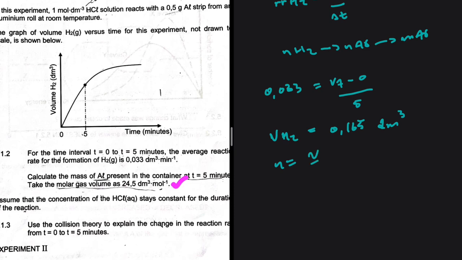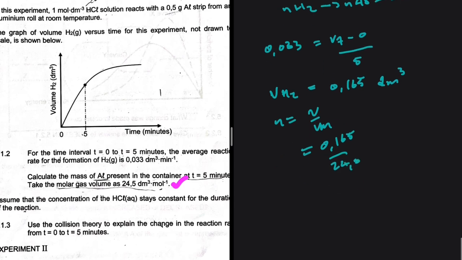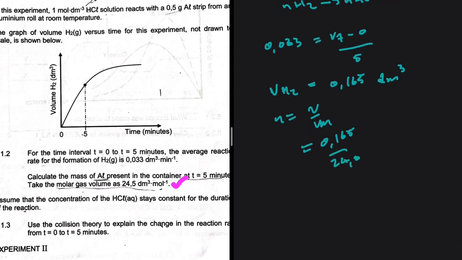We can go ahead and find the number of moles. We will say 0.165 divided by 24.5. This equals 0.00673. These are the number of moles of H2. Right, so we want to use this number of moles of H2 to find the number of moles of aluminium.